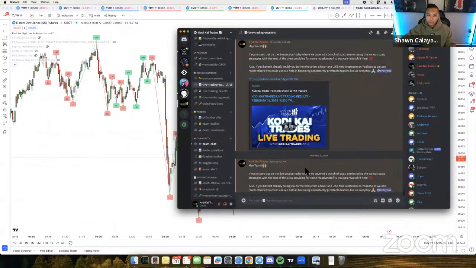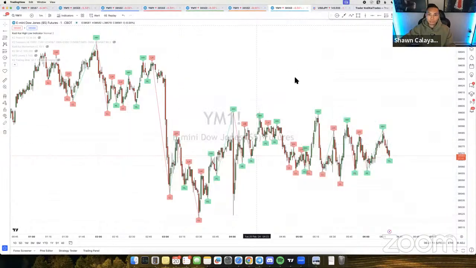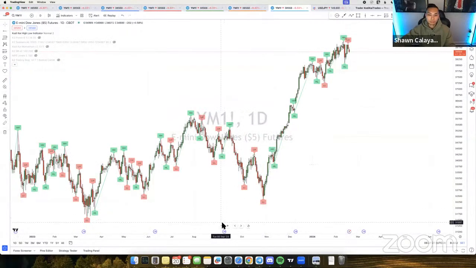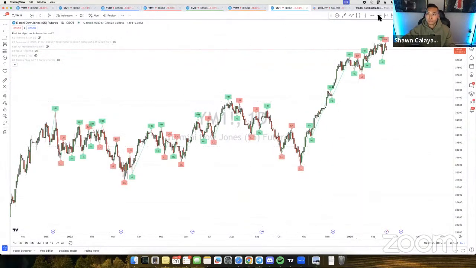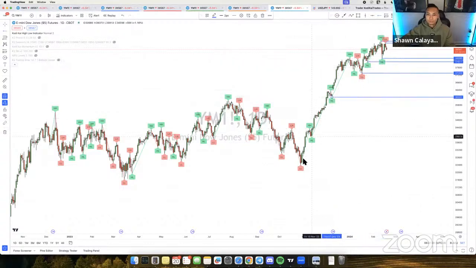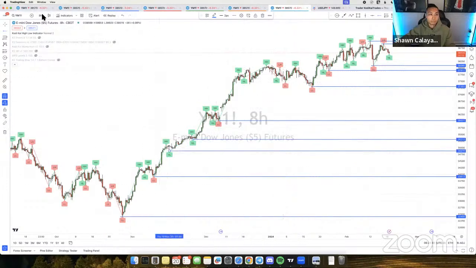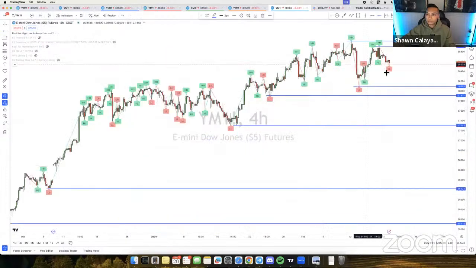All right, so as people join in, I'm going to go ahead and start marking up liquidity over here on the liquidity chart. Start over here on the daily. Going down to the 8 hour. Going down to the 4 hour.